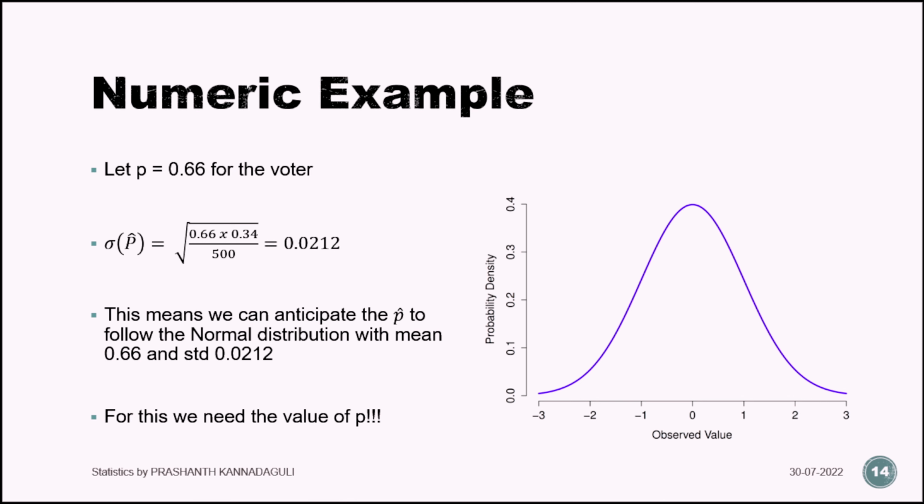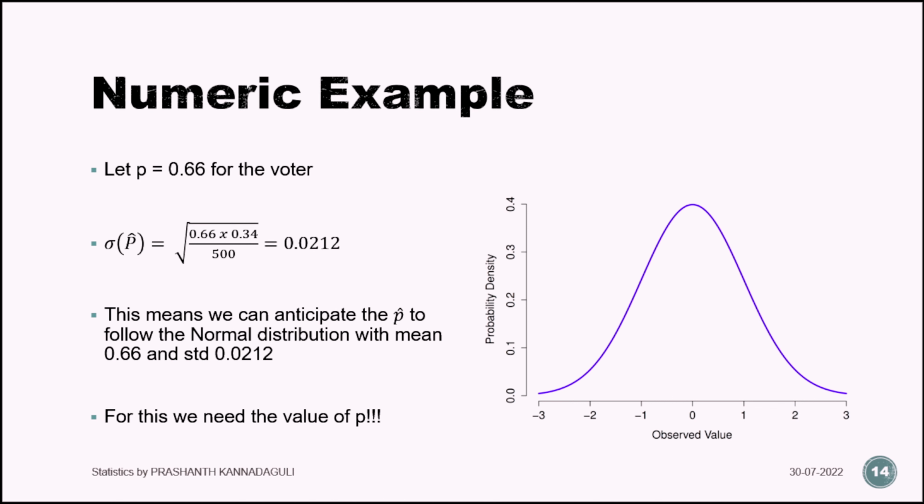So we'll change the vote share. Let us assume that the actual value of P is 0.66. I guessed that by asking a few people in a region: 500 people I asked, and 320 of them said yes. So I got to know that P cap was 0.64. Let us assume that when you consider the whole constituency, the actual vote share is 0.66.